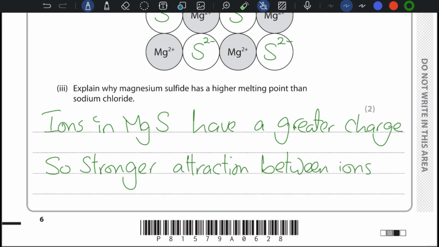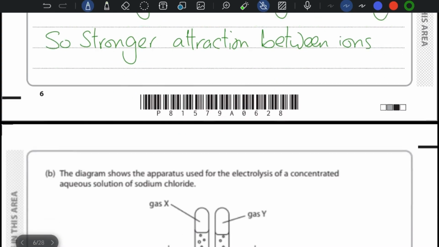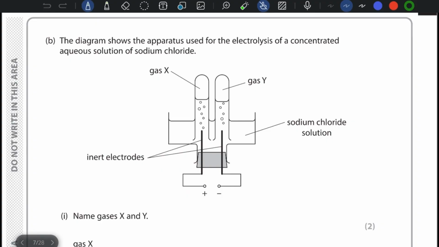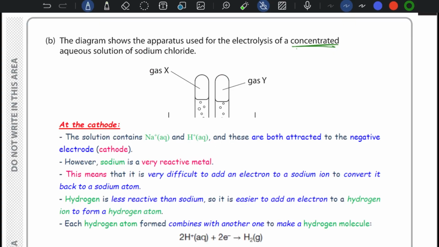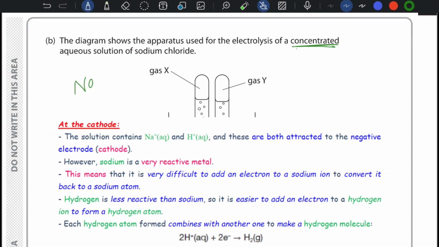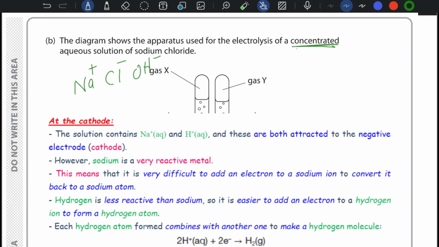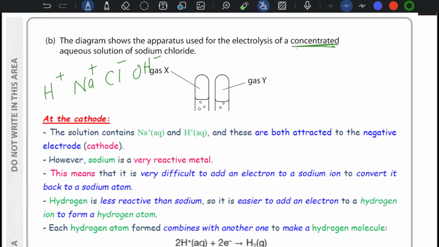Next question, B. The diagram shows the apparatus used for electrolysis of a concentrated, remember that, concentrated aqueous solution of sodium chloride. Aqueous solution of sodium chloride contains sodium ion, chloride ion, hydroxide ion from water, and hydrogen ion also from water.